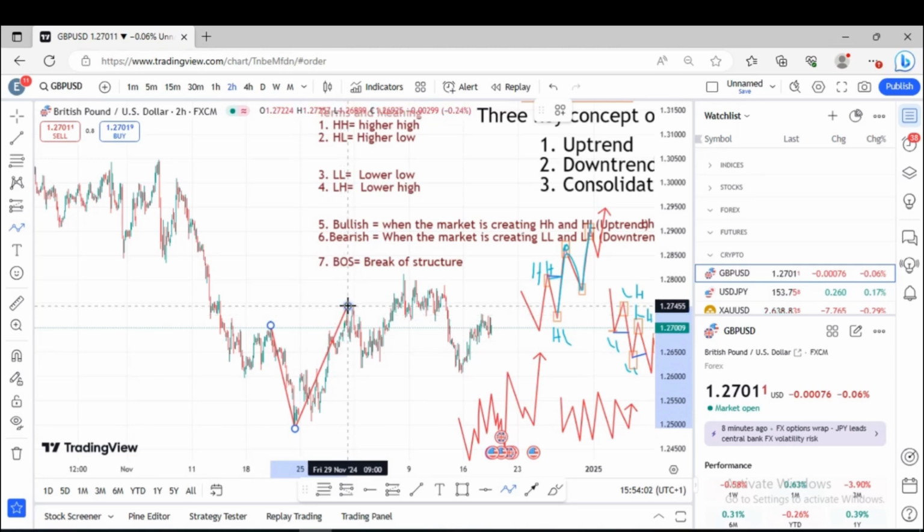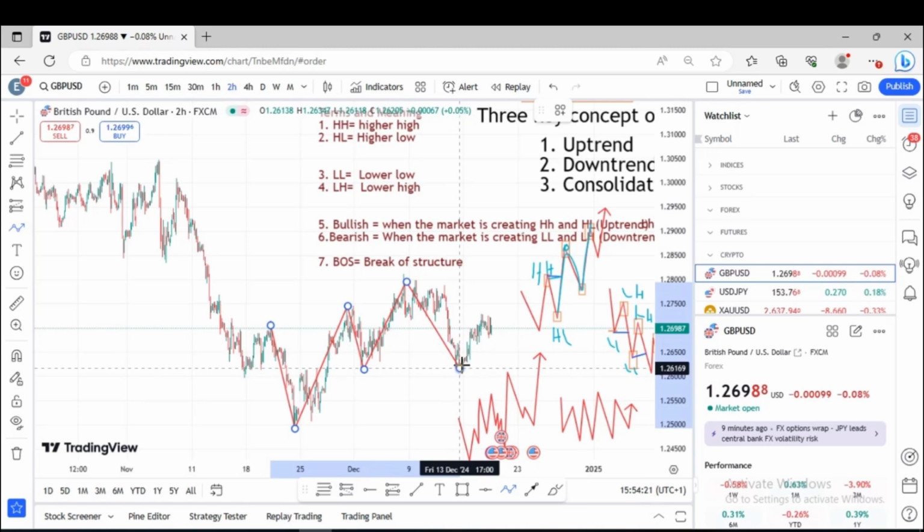creating a higher high. So this high broke this lower high, then creating a higher low again, breaking this structure, breaking this one here, creating another higher high, then coming down, creating another one.